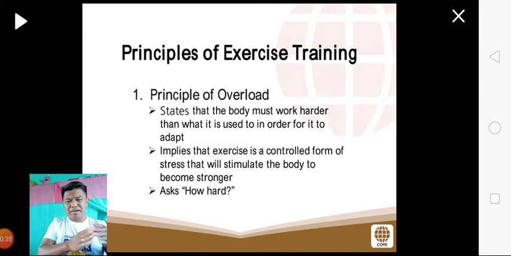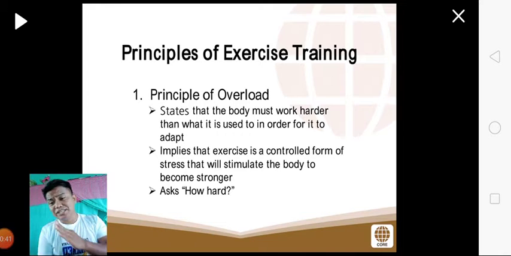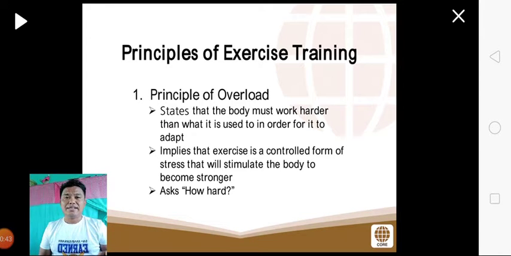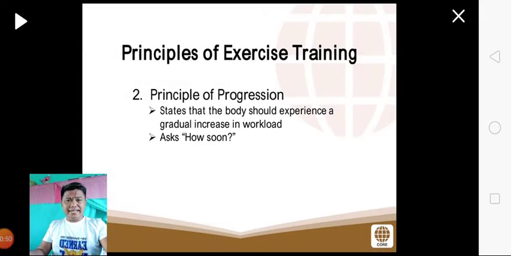In that 6 week program, start with aerobic up to bone strengthening. Those are the overloads.